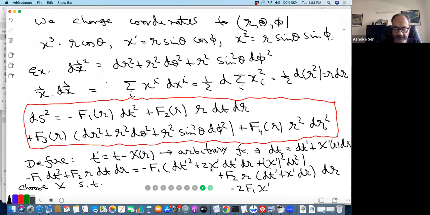Okay, the dt prime dr has a coefficient minus 2 f1 chi prime, and here there is another dt prime dr coefficient plus f2r. So chi prime has to be chosen as f2r over 2f1. Is this clear? So if we choose chi prime to be f2r over 2f1, then that will get rid of the dt prime dr.